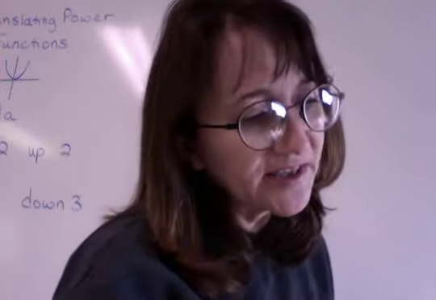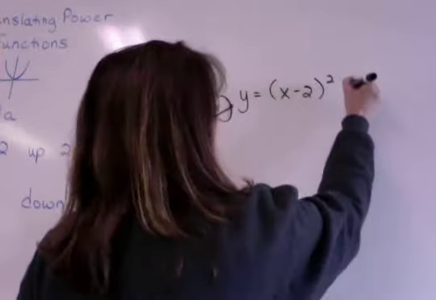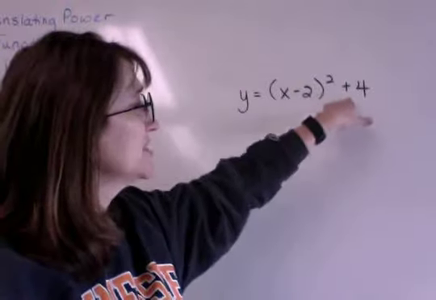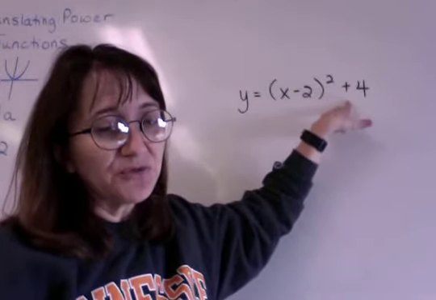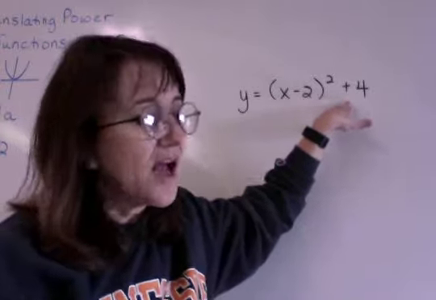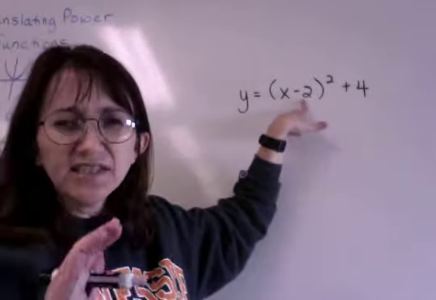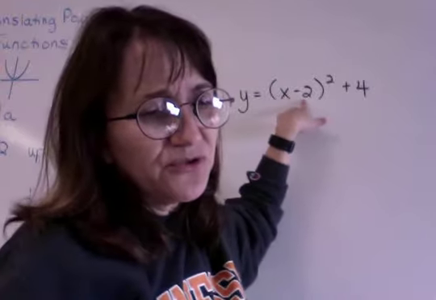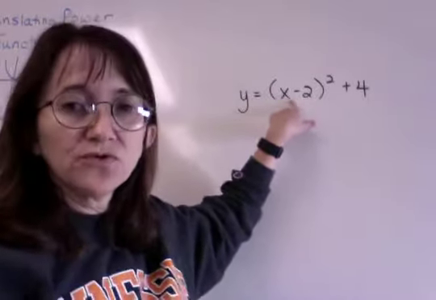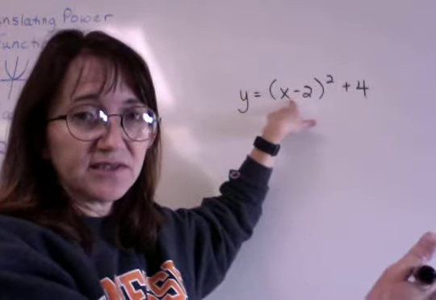So let's look, and this is telling you exactly what to do. This is telling me I need to move up 4 places, and this is telling me I need to shift to the right. It's the opposite: I need to shift to the right 2 places.